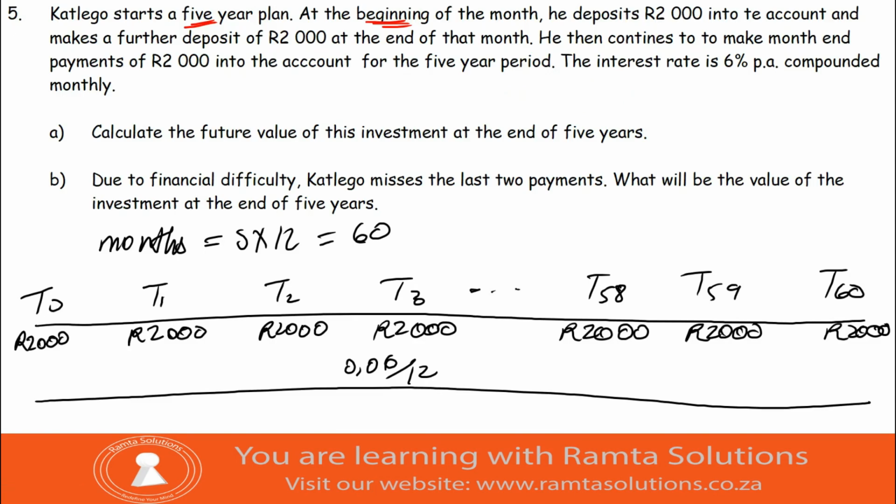Remember, guys, in the period of 5 years, you have 60 months. But in 1 month, he made 2 payments. For example, this is the start of the first month and the end of the first month, then the end of the second, the end of the third, and so on. This is why he made 61 payments.